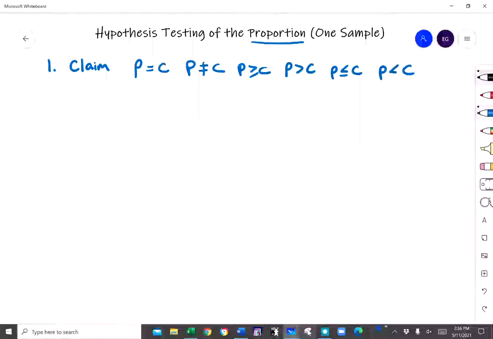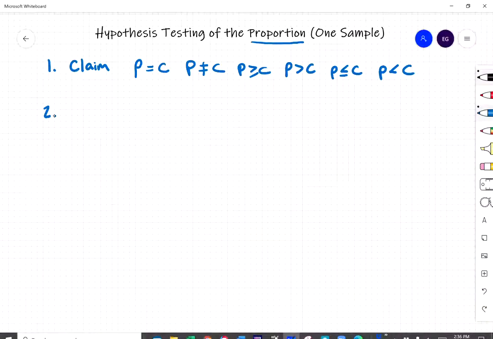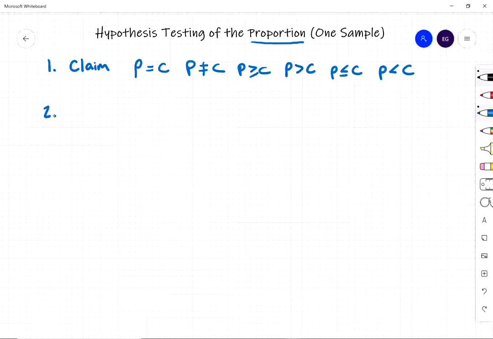Now, once you have that claim, the next thing you want to do is establish your 2 competing hypotheses. So you have the null hypothesis, and that's your default position. That's your assumption, unless the data is strong enough to reject that.